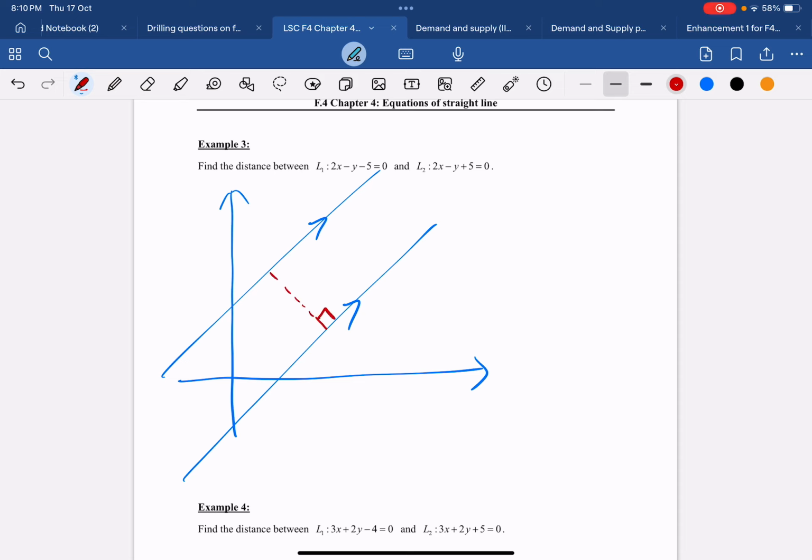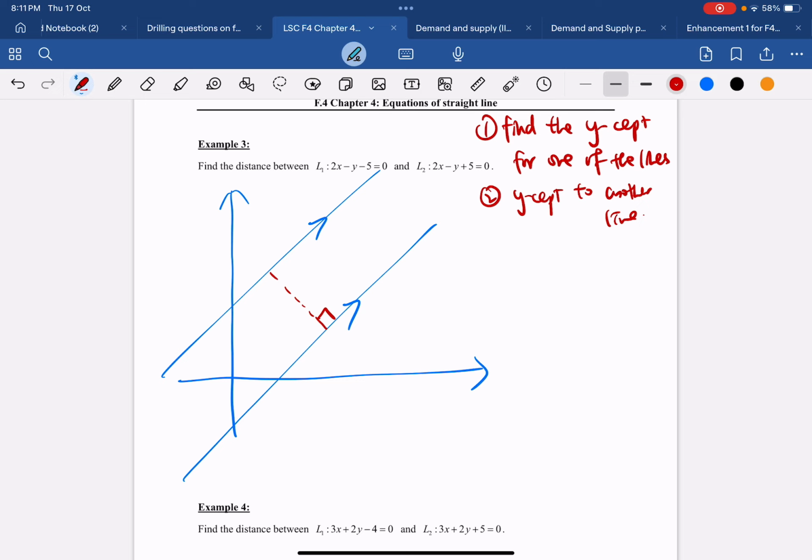The steps are pretty much the same as finding the distance for a point and a line, just adding one more step before, which is to find the y-intercept for one of the lines. Then you just compute the distance from the y-intercept to the other line.